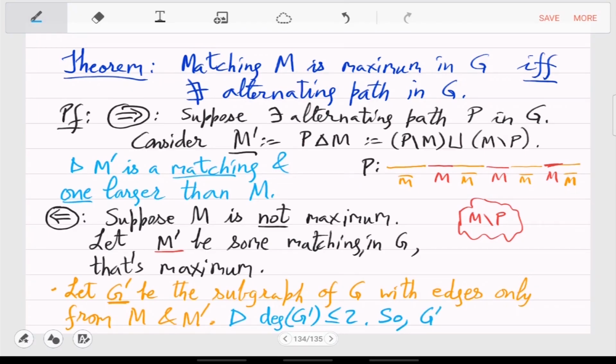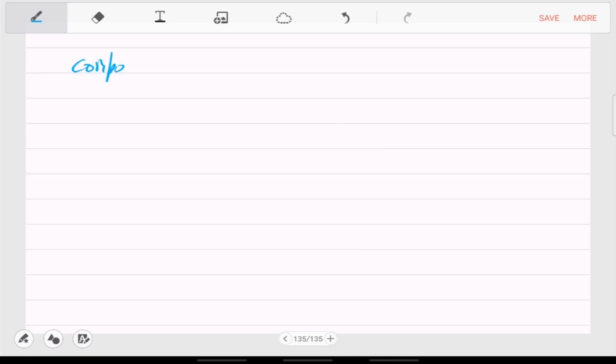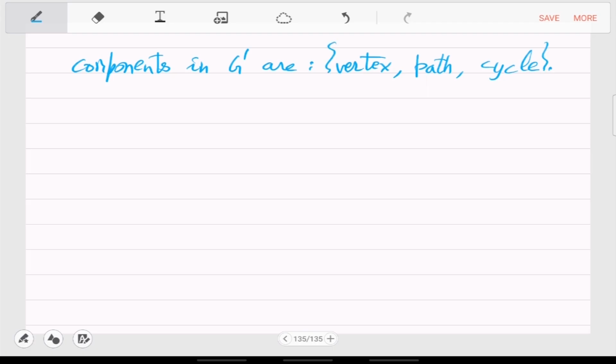So the connected components in G prime are of 3 types only: either a vertex or a path or a cycle. Okay, so that is G prime.